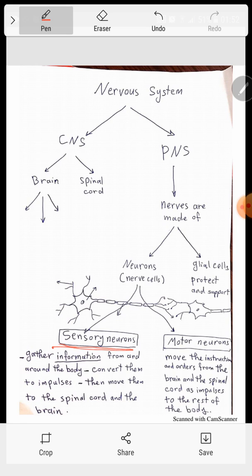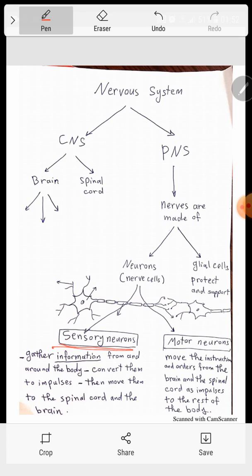Again, what is an impulse? It is the electrical message. We said from the beginning that the function of the nervous system is to send and receive information as electric messages. They have a name, and this name is impulse. Then they move impulses to the spinal cord and to the brain. This is the function of the sensory neurons.